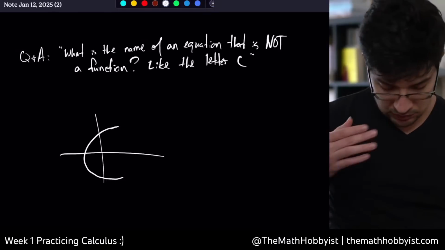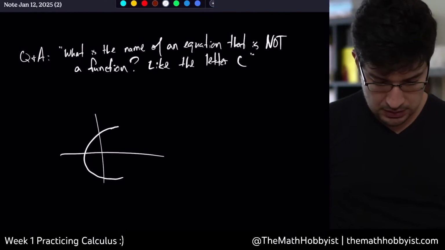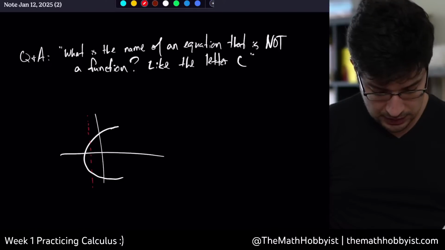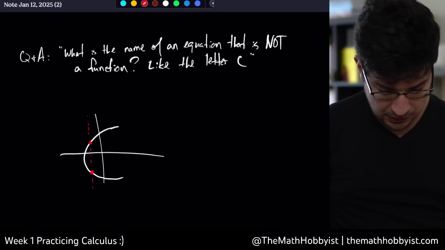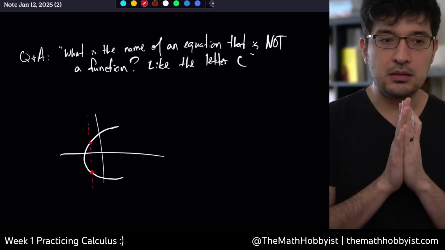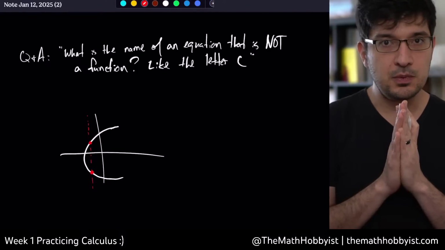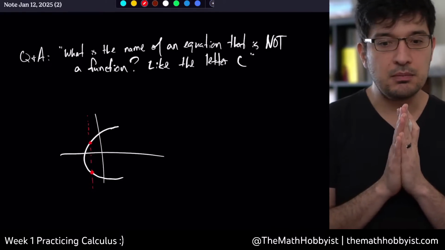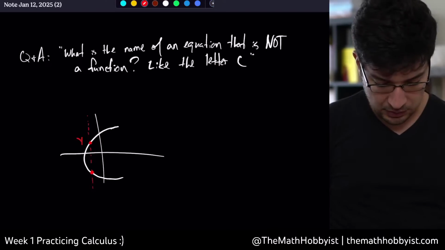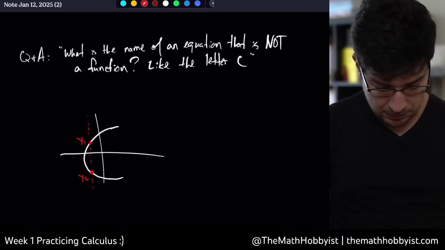What she's referring to is the fact that, let's put the iPad back on screen, the letter C does not satisfy what we call the vertical line test. If you take a vertical line, does it cross this shape or this equation in two places? In this case, yes, it crosses at two different y points.